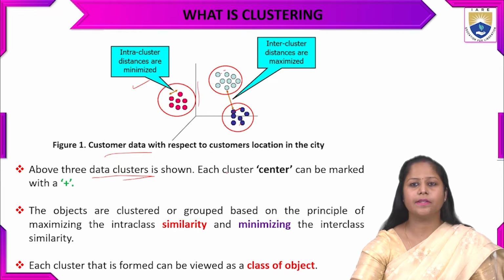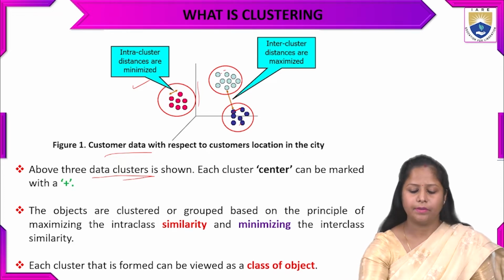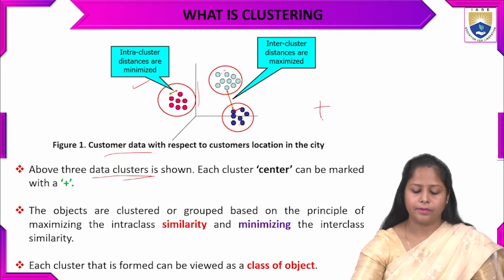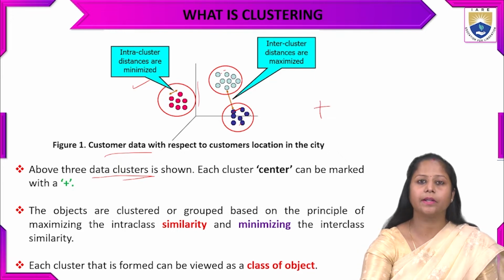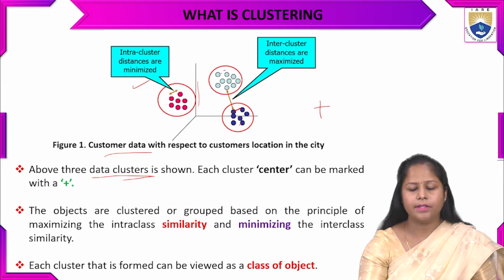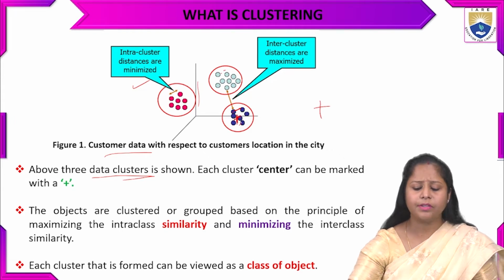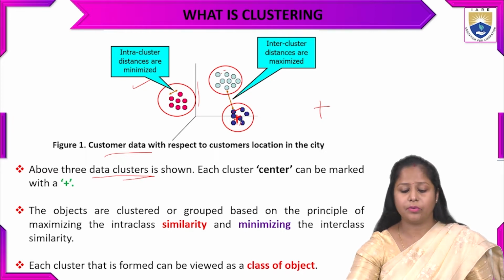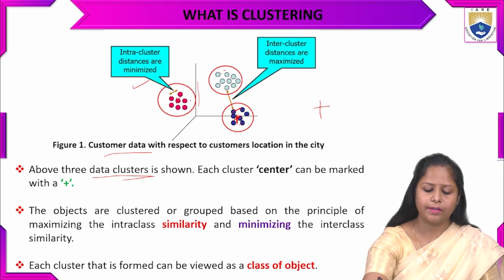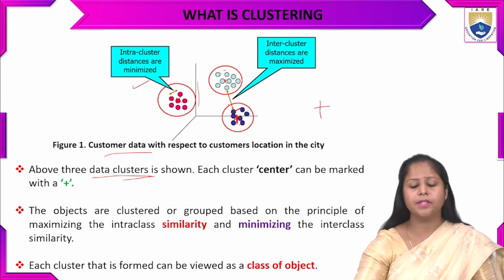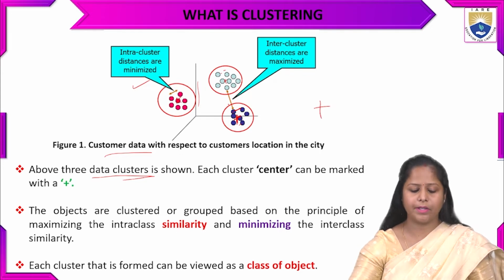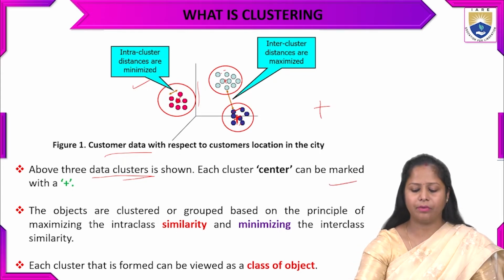Each cluster center can be marked with a plus sign. If we do the analysis, the center of each cluster will come out here, here and here. So these are the three types of clusters in the above graph.